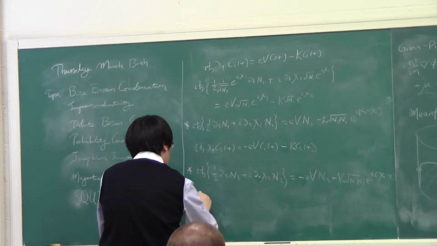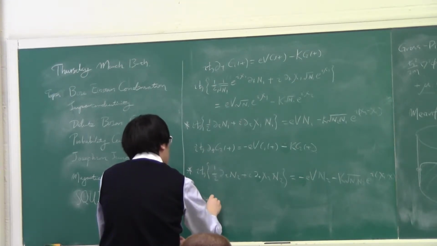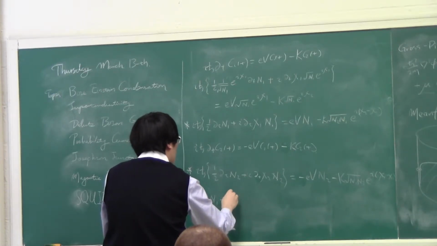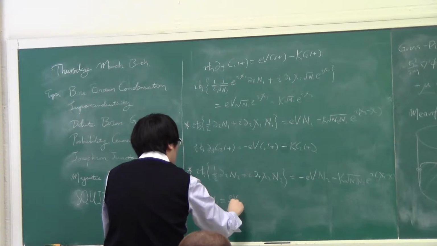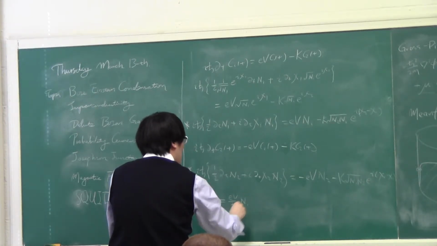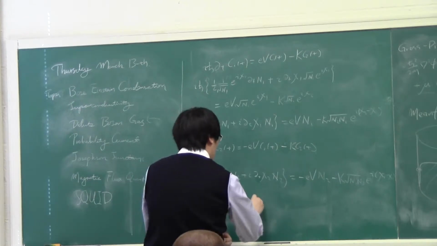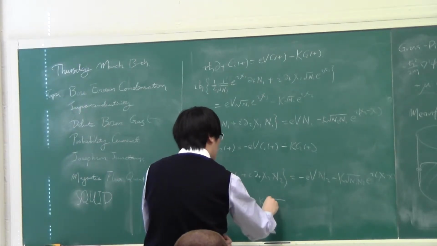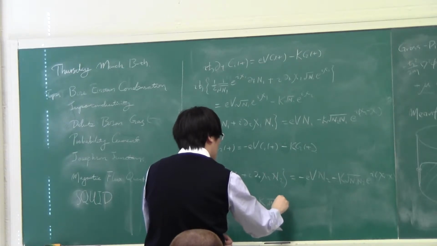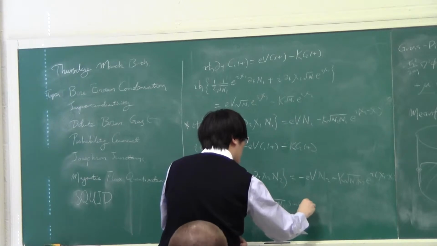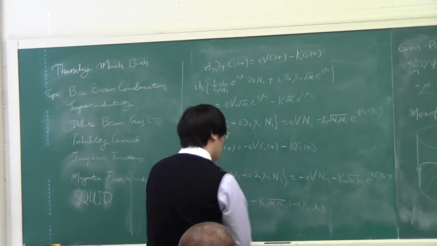So it's 1/2 dt equal to E V over h bar, n1 minus the square root of, right?